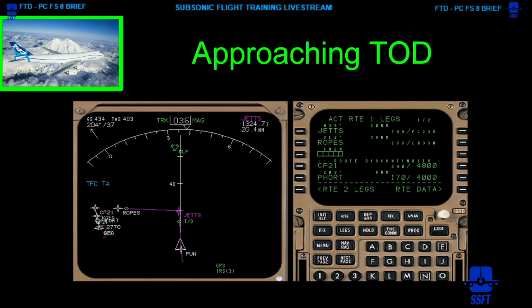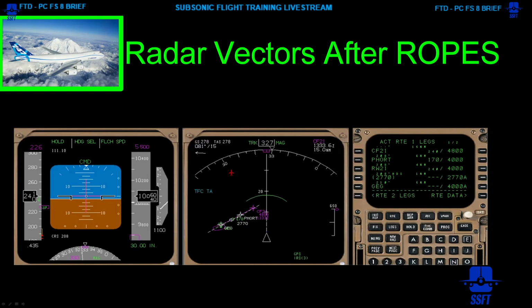Then we're going to set up for the, let's see, approaching the top of descent point. Looks like we're going here from Putnam, I think that's Putnam, to jets to ropes. And then from somewhere in here, we'll get vectors for the RNAV approach. Again, these are old points here. This may be the ILS-2 one, which we're not doing. Looks like we'll get radar vectors after ropes for the approach.